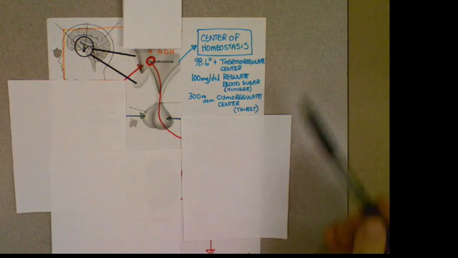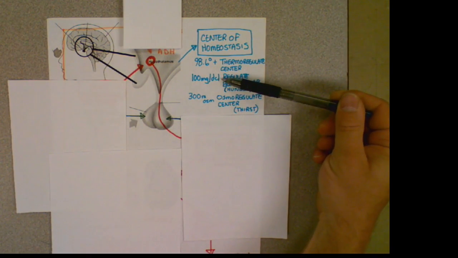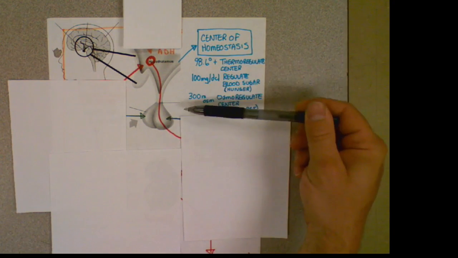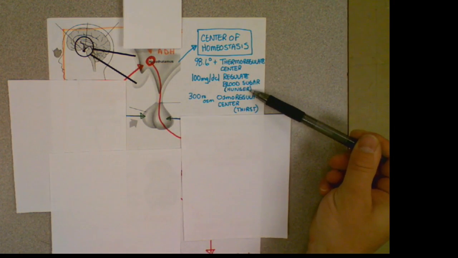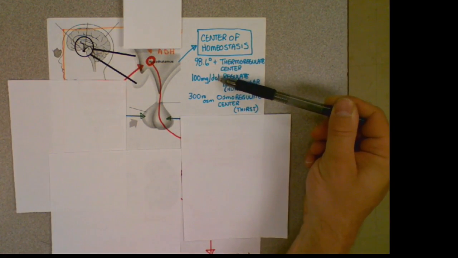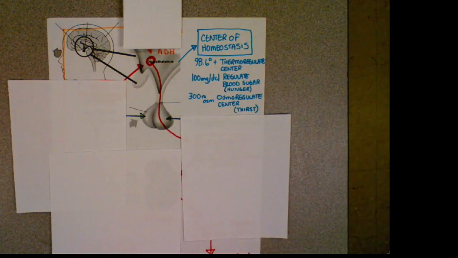And so if we get below 100 milligrams per deciliter, the hypothalamus detects that and sends signals to make us hungry, so we go in search for food to raise our blood sugar. If our blood sugar is too high, the hypothalamus can send signals to ship that blood sugar to our cells and get rid of it out of the bloodstream.